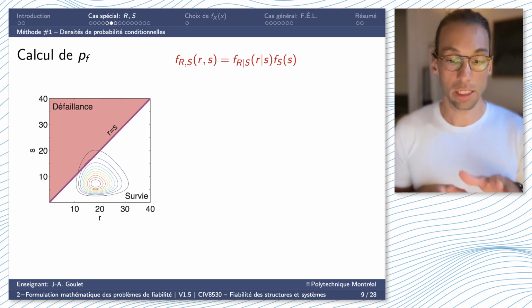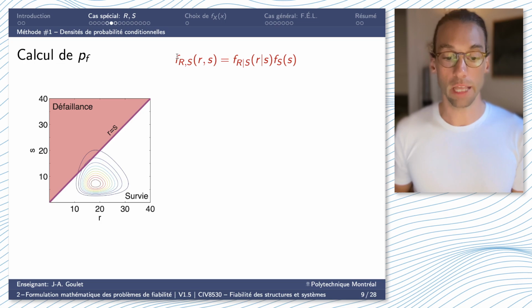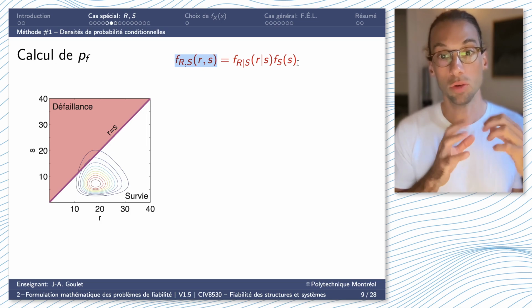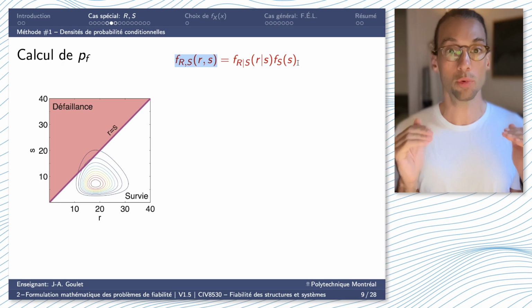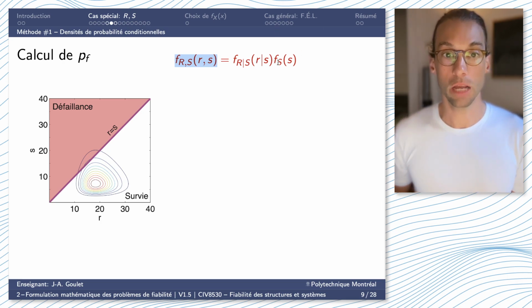So to do this, this is a first introduction case. We're going to say that we want to model that joint probability density between the resistance and solicitation by a conditional and marginal, because we saw in module 0, when we reviewed the concept of probability theory, that a joint probability density could always be modeled by a conditional times its marginal.